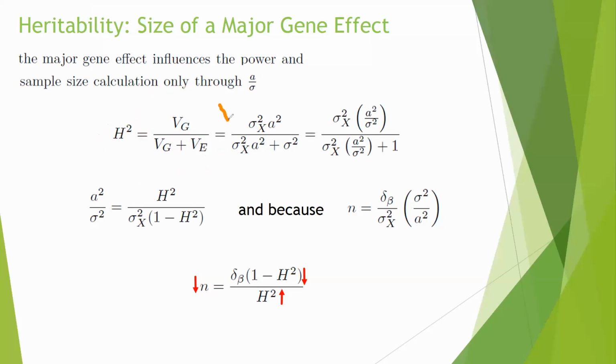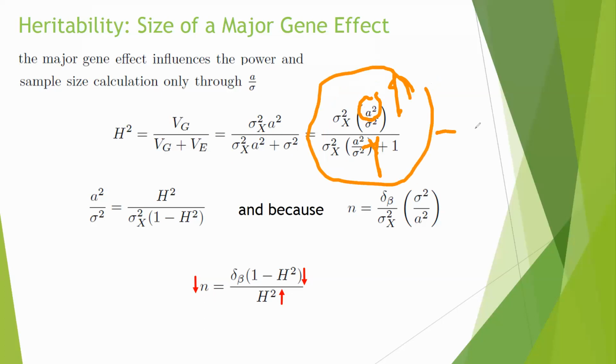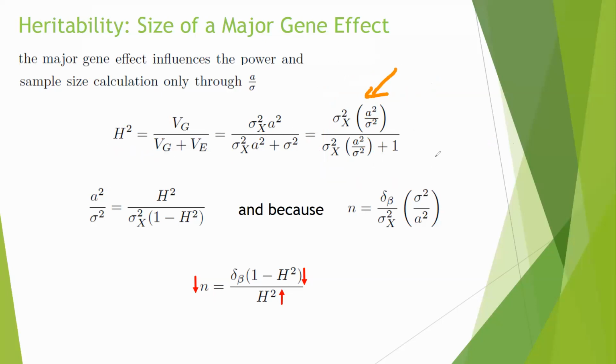And if you do a little bit of rewriting, the heritability is actually associated with the real genetic effects, right? If your genetic effect becomes larger, this is also larger, and the entire ratio is closer to 1. So this will increase your heritability if you increase the genetic effect for a locus.